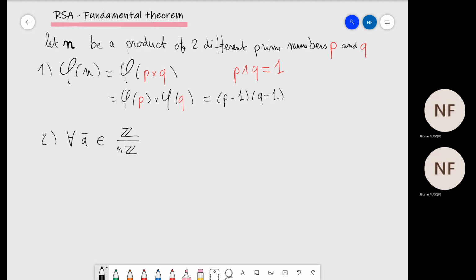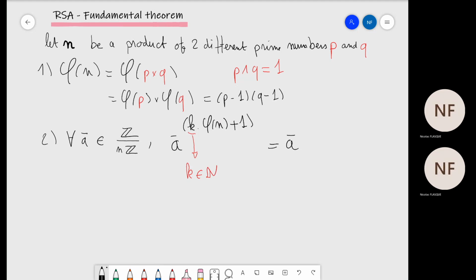For all a bar element of Z over nZ, a bar to the power of k times phi of n plus 1 is equal to a bar, where phi of n, we know how to get it. And here, k is a positive integer number.